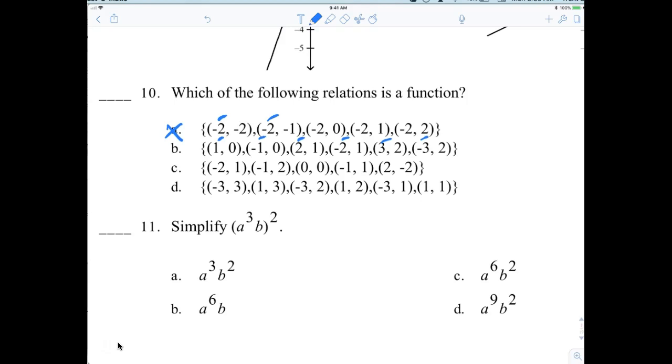The x's are all different. So B is correct. All right? In C, -1 and -1. In D, I have -3 and -3. Any questions with that? And again, you're writing things down so it'll help you remember it.